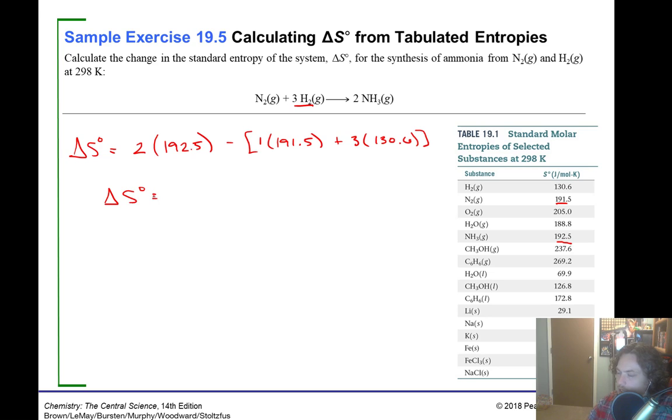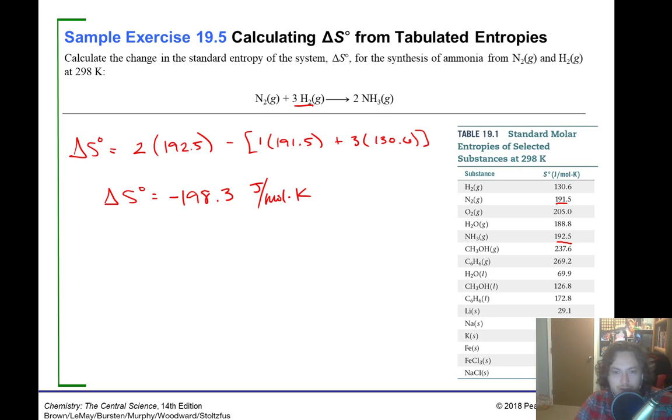So our delta S is equal to 2 times 192.5 minus 1 times 191.5 plus 3 times 130.6. I got negative 198.3, and our units would be joules per mole Kelvin. And that's really all it amounts to.